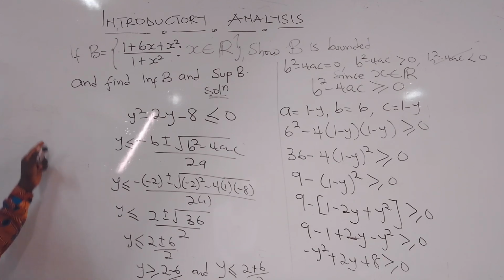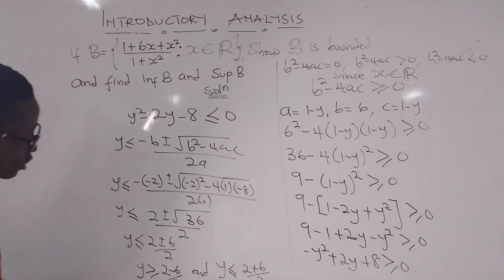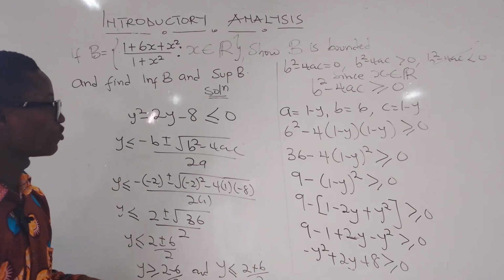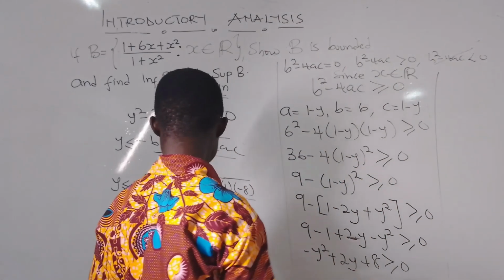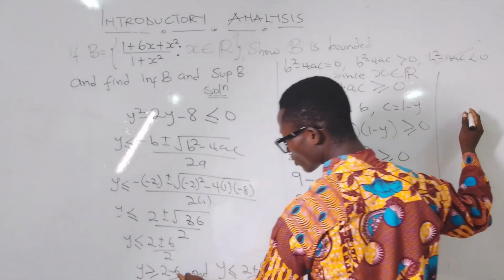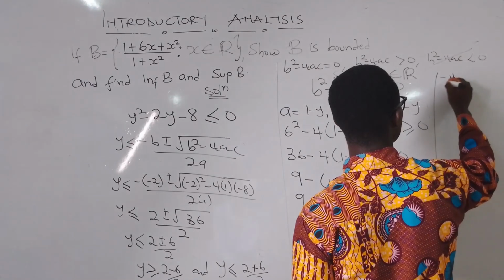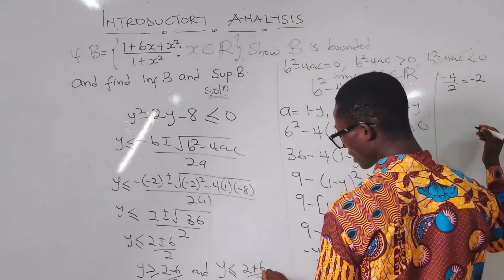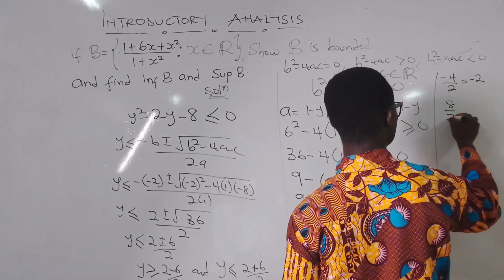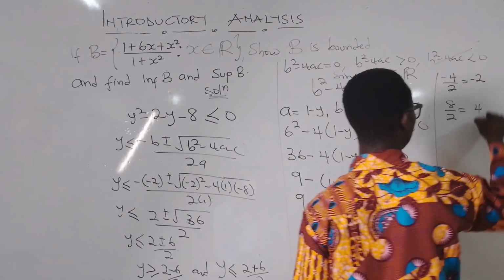And what is (2 - 6)/2? 2 - 6 is negative 4, over 2, which will give me negative 2. And 2 + 6 is 8, over 2, which is equal to 4.